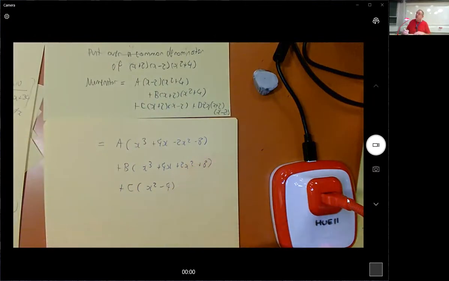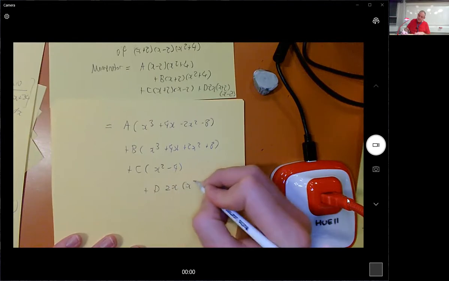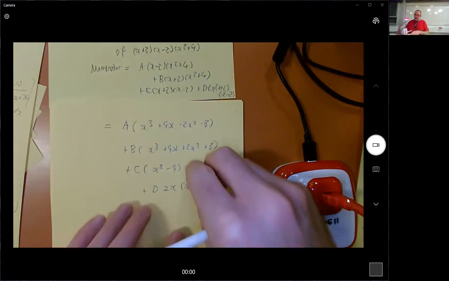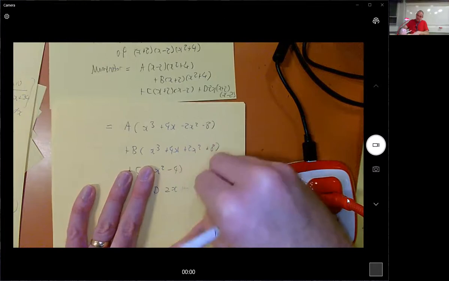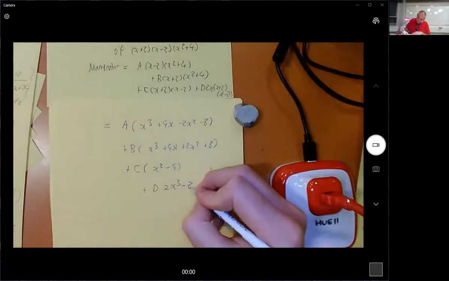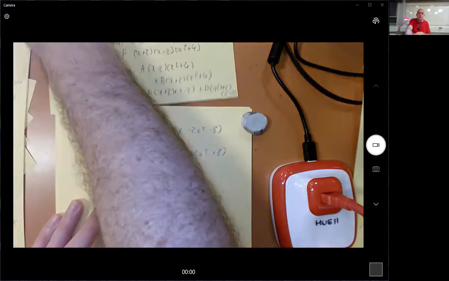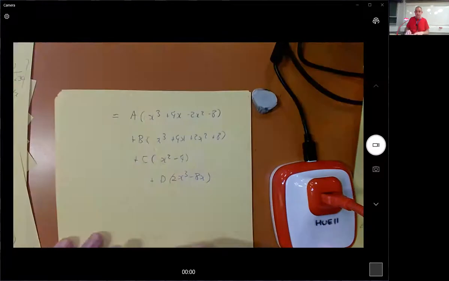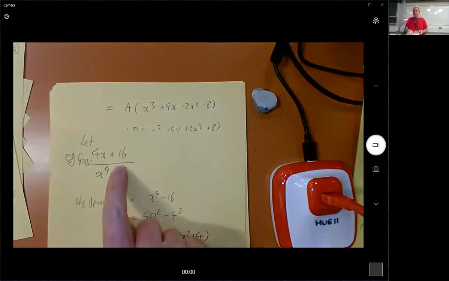Okay, I did that one already. And this one, I've got d times 2x times x squared minus 4. So that would be 2x cubed minus 8x. And this is supposed to be equal to this.